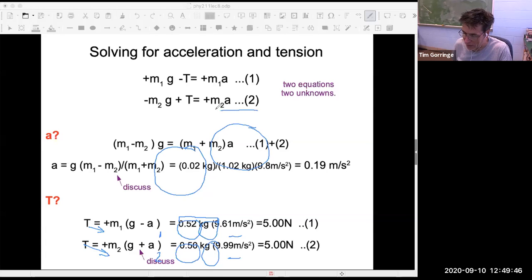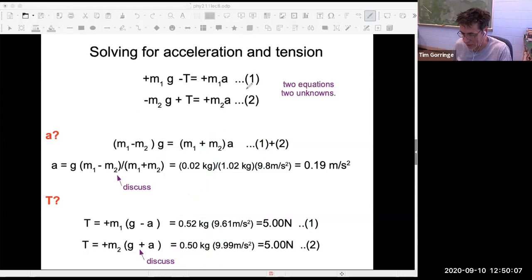Well, in this case, there's a really simple trick to do it. The trick is to add together equation 1 and equation 2 to make the sum of the two equations. And that's what I'm doing in this line here. I should erase all this junk that's appeared from the last slide.